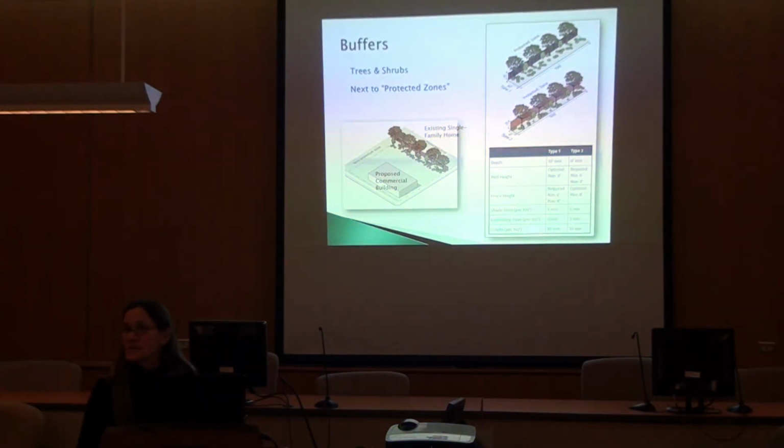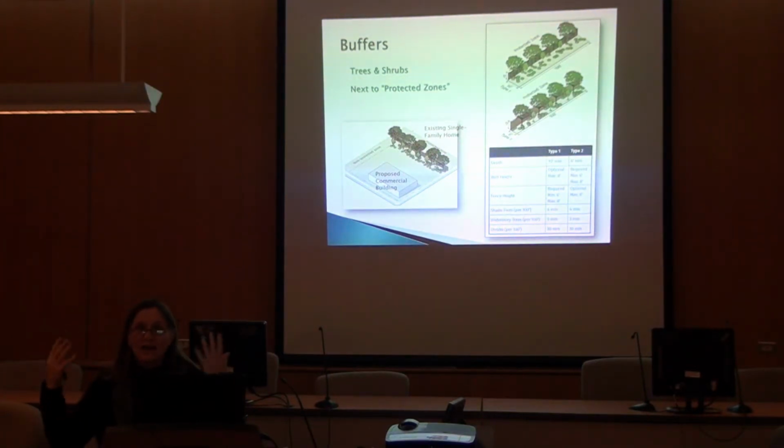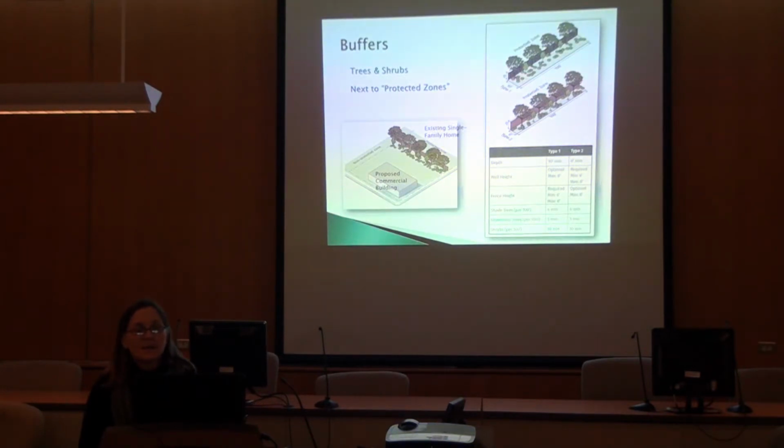Commercial businesses sometimes have loading going on and maybe different lighting and things that can negatively impact those residential areas. So we want to provide a landscape buffer between the two. There are some standards in there that give you a couple options on the width of that buffer. Obviously, we want you to put trees and shrubs and those sorts of things in that area.